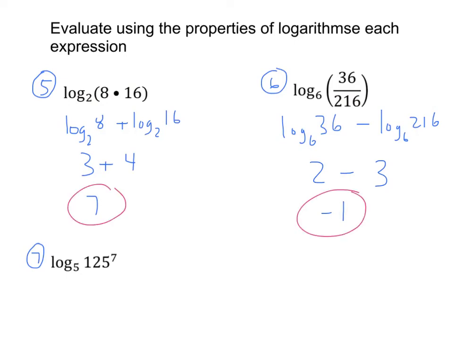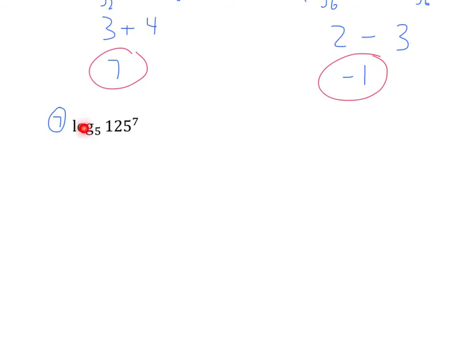Okay, and I'm going to do one more. Right here, I've got log base 5 of this whole thing, 125 to the 7th power. Well, I don't really want to figure out what 125 to the 7th power is, and even if I knew what that was, I don't want to have to take the logarithm of that. So let's use our property to make this easier. Well, this exponent, I can bring that to the front.